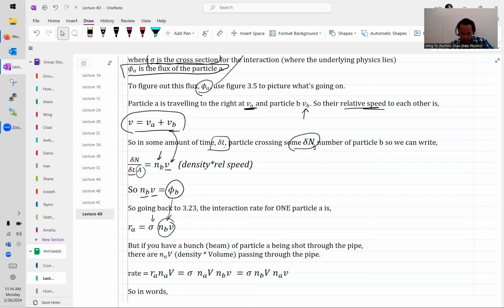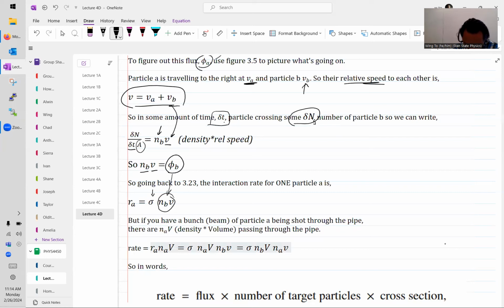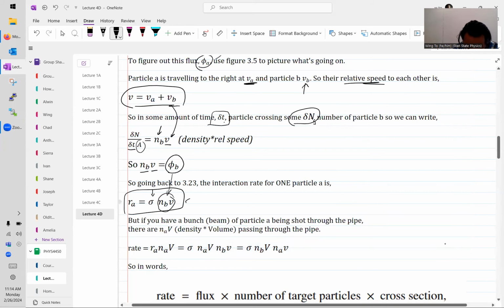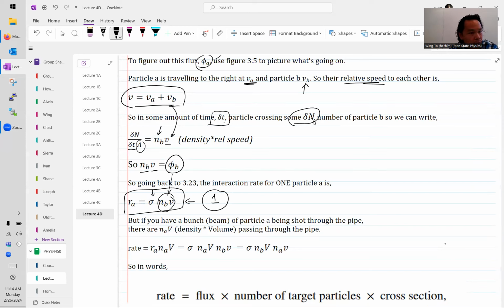So this rate is the rate of interaction if you have one A particle coming in at a time. But usually you don't just shoot one particle into a beam, you will shoot a bunch of them. This is known as a beam of particles. So the number of particles of A is going to be the density of that beam times whatever volume we're trying to calculate this at.